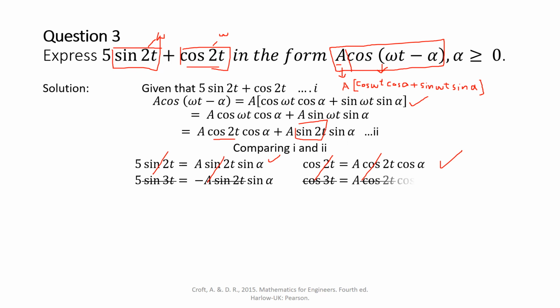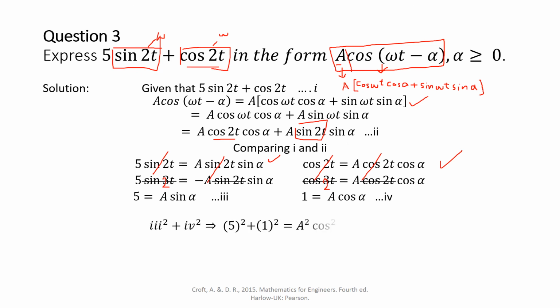Oops, why sine 3t? This is sine 2t. Oh my god, here also 2t. Actually I am copying from the previous slide, then making changes, so during changes I forgot something. Okay, so 5 equals this, and it suggests that sine is positive, and this suggests that cos is positive.